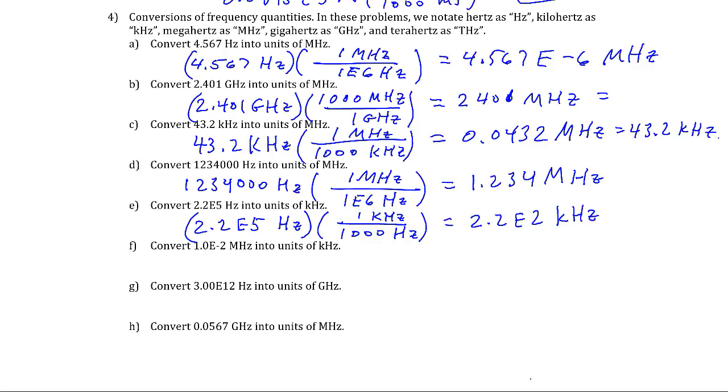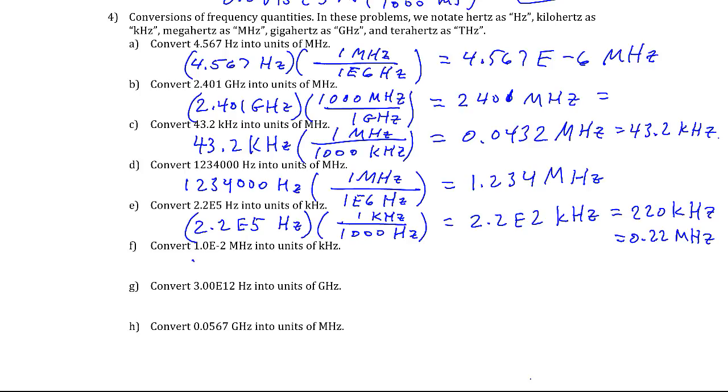I've canceled the hertz values and I'm left with kilohertz. Okay, 2.2 e to the 2 kilohertz, or 220 kilohertz, or 0.22 megahertz. Those are all the same number.